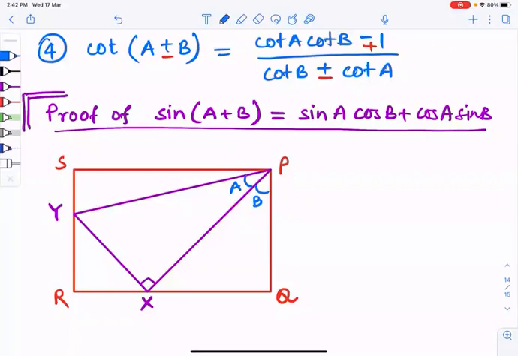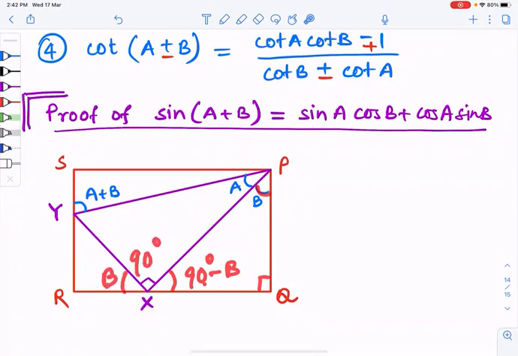Let me write that here. This angle is also A plus B. Now, again, if this angle is B, this is 90 minus B, because this is 90. That is 90 minus B, and this is 90. Then this angle will be B. See that this is pure geometry.